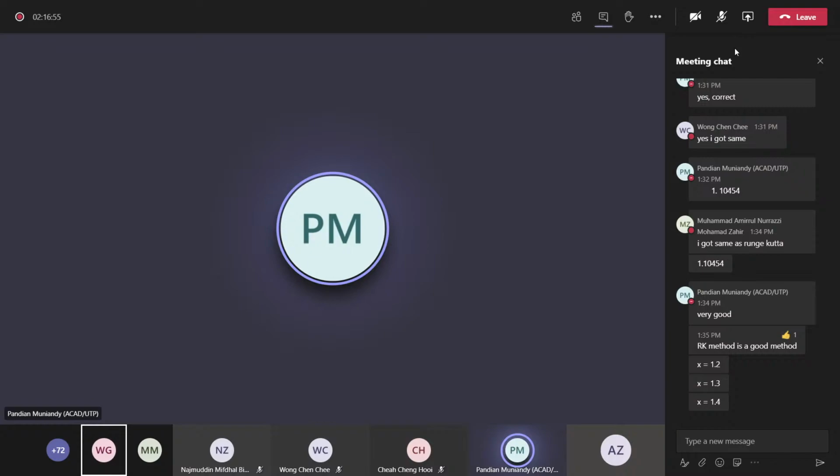1.2 is done already. The answer here, you fill up 1.10454. The K1, K2, K3, K4, you can fill up. Fill up this table. At 1.2, you already got y, but you have to find K1, K2, K3. And then for 1.3, fill up K1, K2, K3.